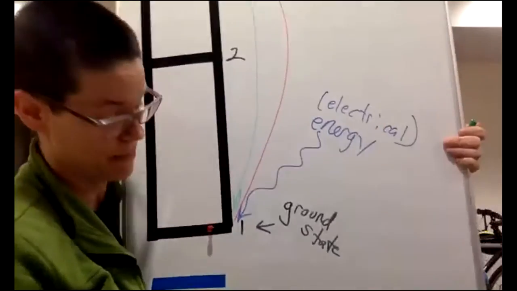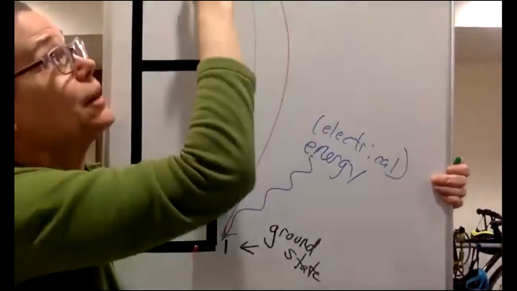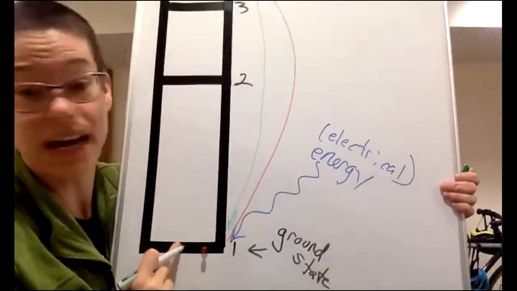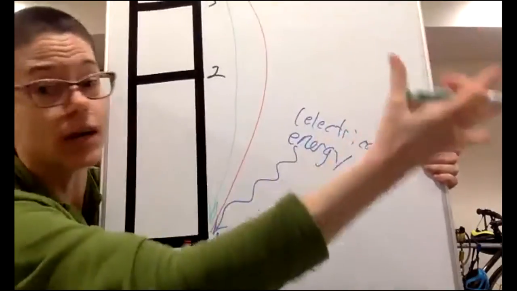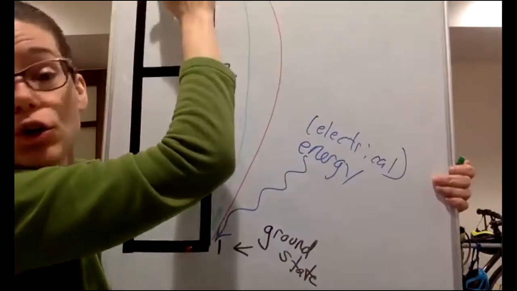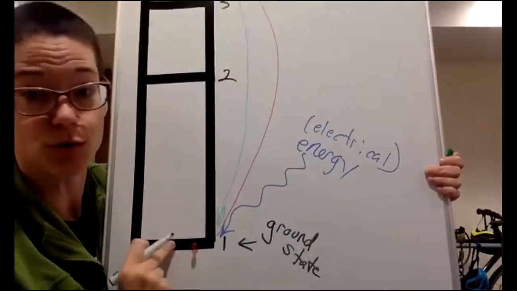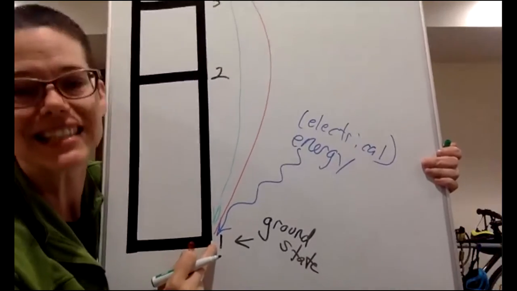If I went straight back down to here, what happens to all of the energy that I had when I was up at 4, where I'm now down at 1? It has to be released. It has to come back out. I cannot hold on to it, because when you're up here, you do not have the same amount of energy as you do down here. You have less down here. Smaller number means less energy.